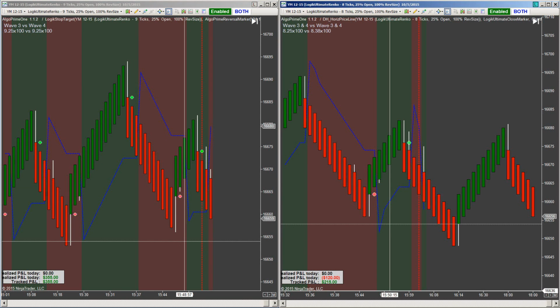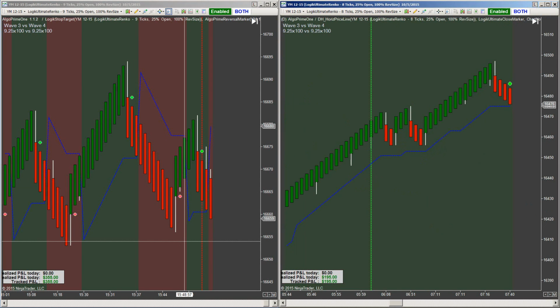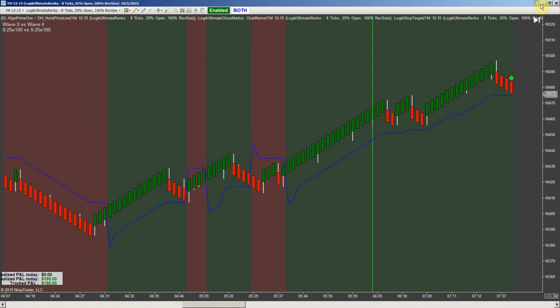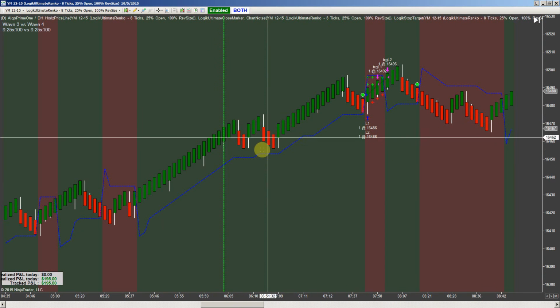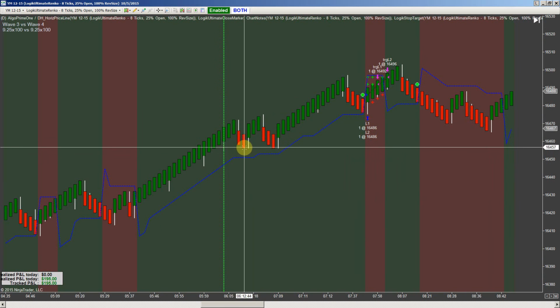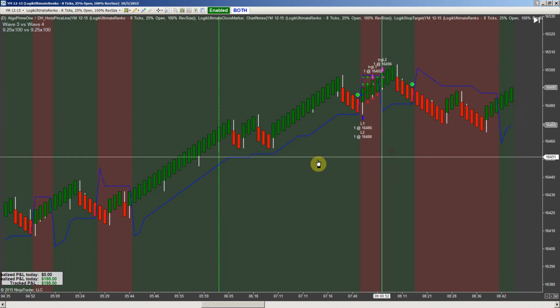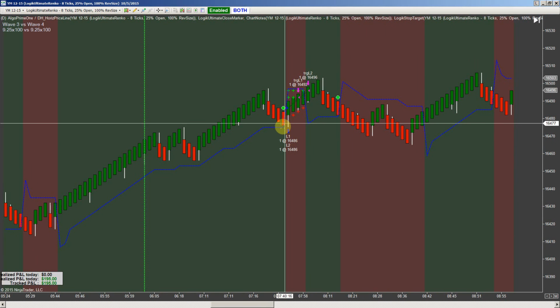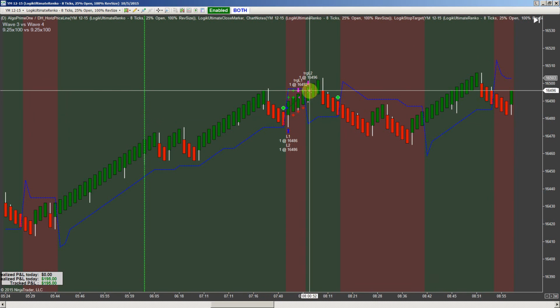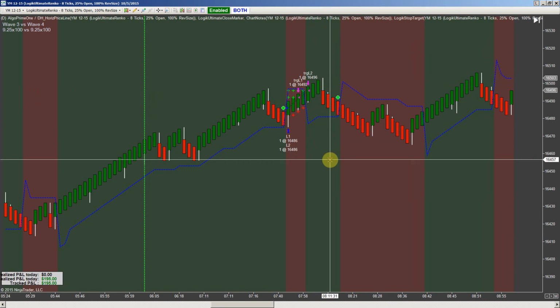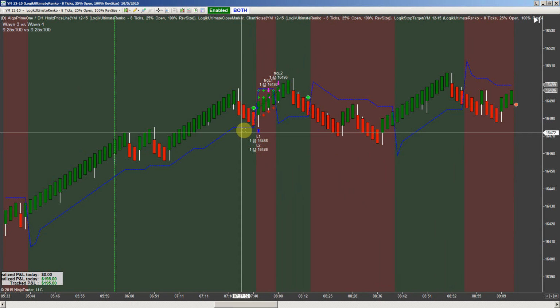And let me just pull up that additional chart. Now this is also an 8-tick chart, just like the other, except that instead of 2-bar pullbacks like we had here, we're asking the algorithm to look for 4-bar pullbacks. And so that's what we see, and it did take profit on the first contract.